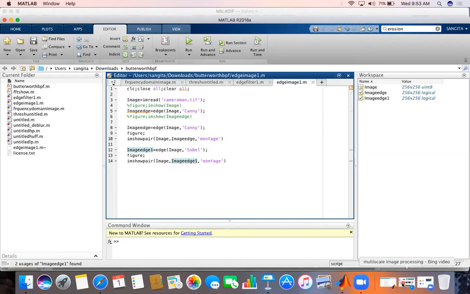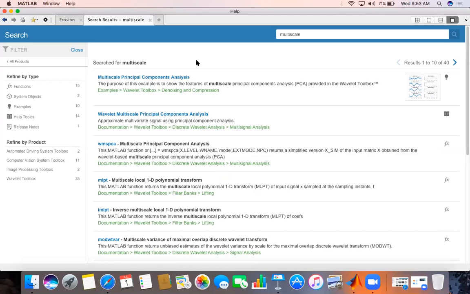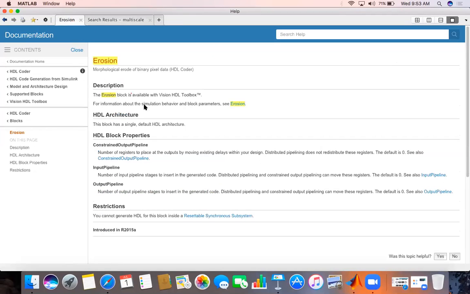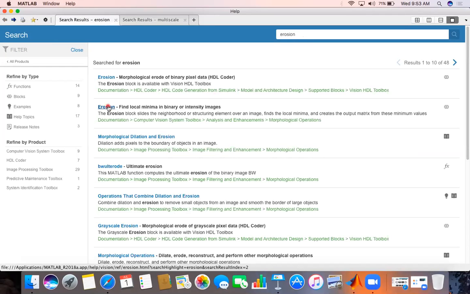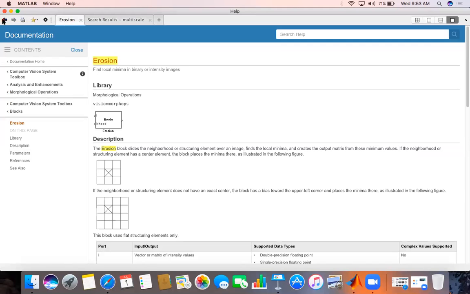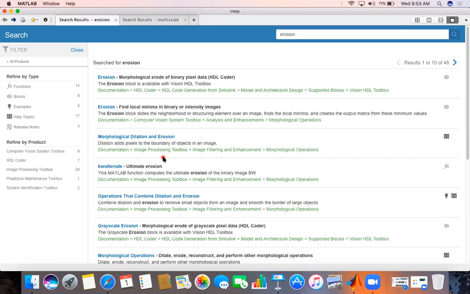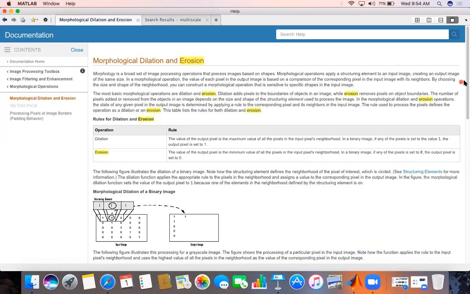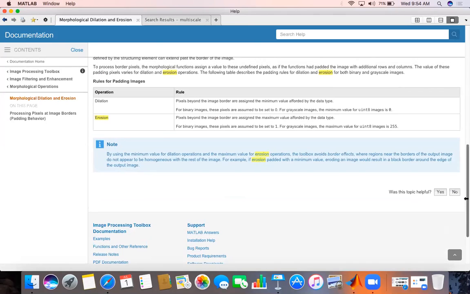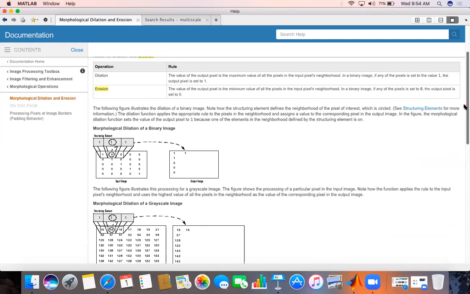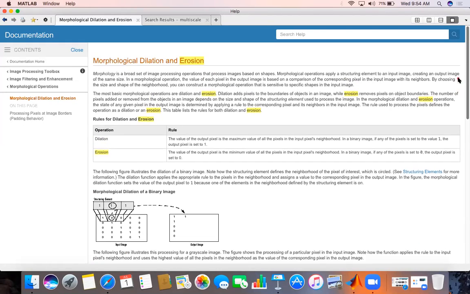Now we will move on to another important topic, erosion and dilation. This is erosion and dilation. In Matlab, inbuilt functions are there, so you can try this out.